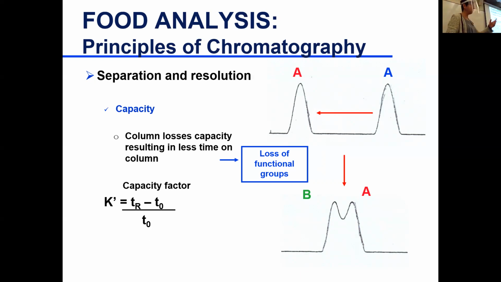In the HPLC, to prevent impurities, you put the guard column that captures them. So you preserve the capacity of the column for as long as you can, and also maintain it, not overusing it excessively with strong solvents so that you don't lose functional groups. But at some point, capacity will be impacted.